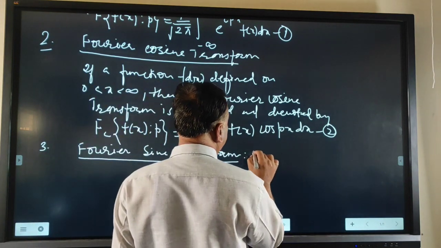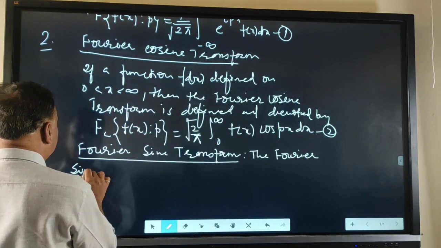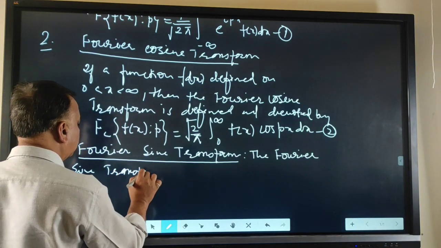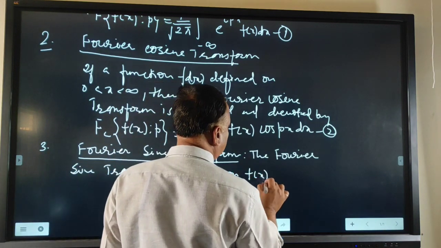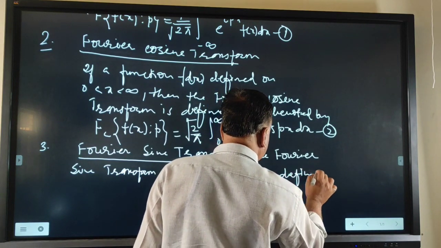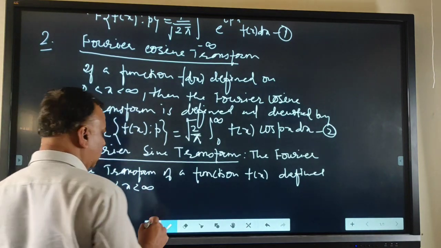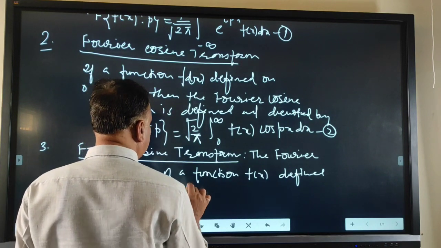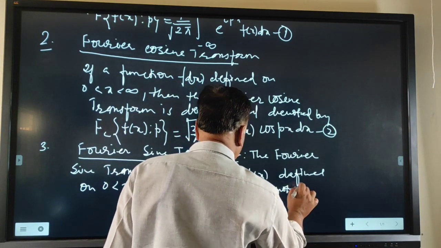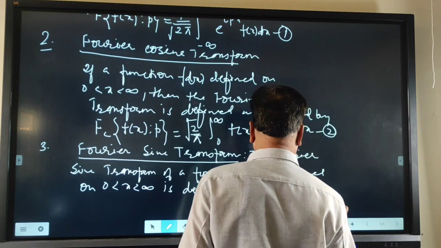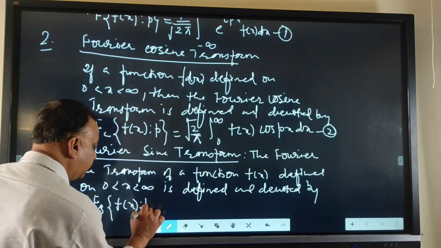The Fourier sine transform of a function f(x) defined on x lying between 0 to infinity is defined and denoted by F_S of f(x) with respect to p.